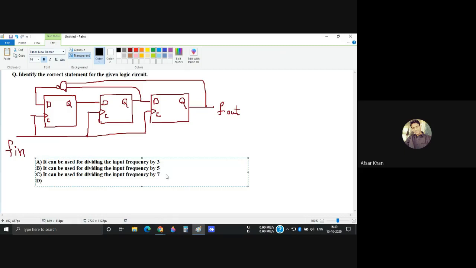Option D, it cannot be reliably used as a frequency divider due to disjoint internal cycles.